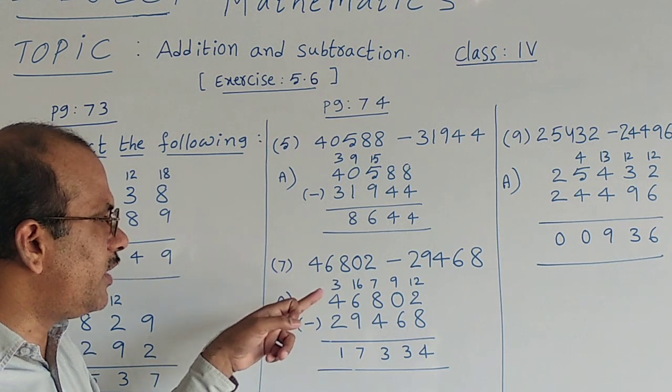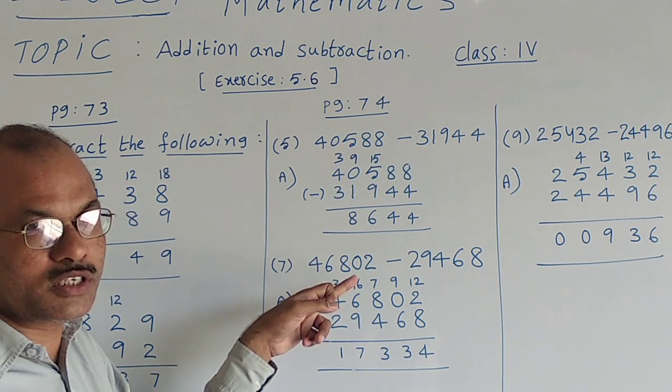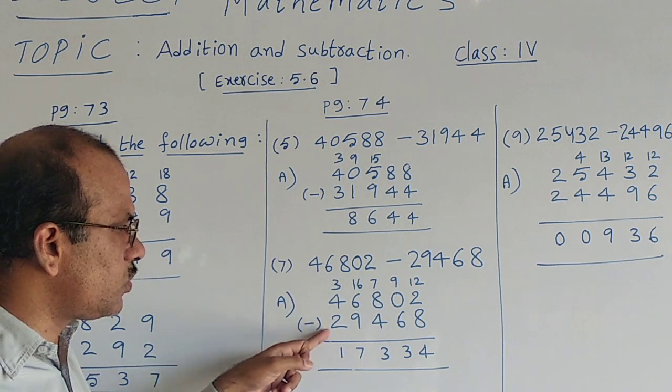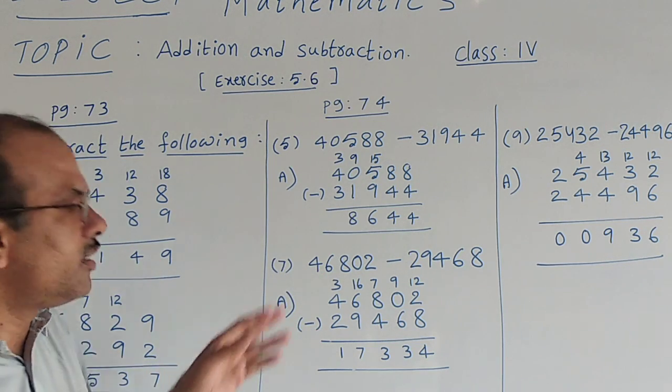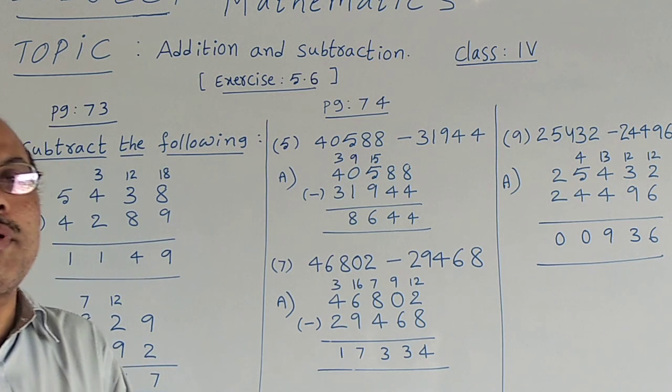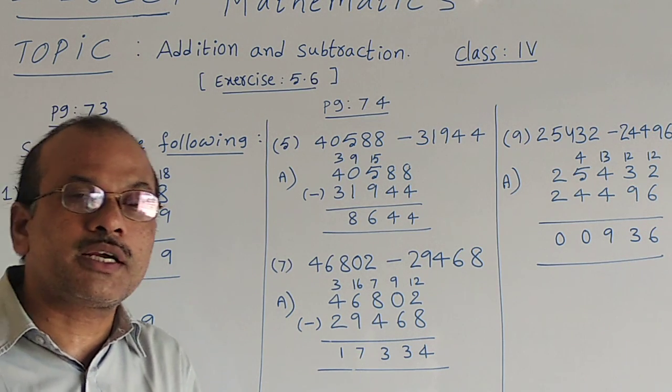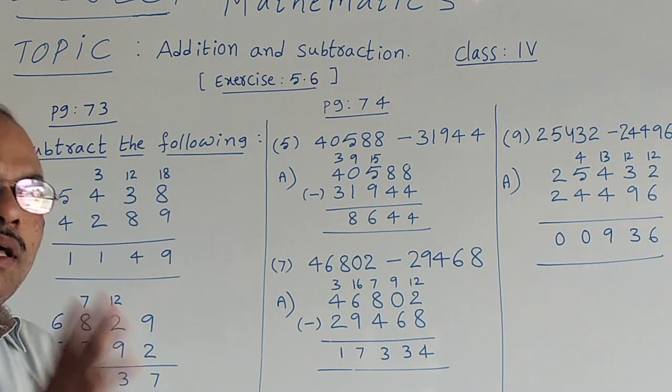Clear, no? Whenever your borrow is given for the 6, then this 4 becoming 3. 3 minus 2 answer is 1. That is the way we have to subtract with borrowing. When there is no possibility of subtraction, we should go for borrow from the neighboring numbers.